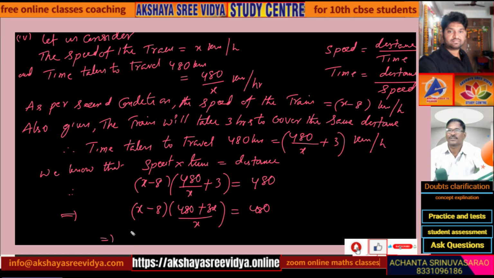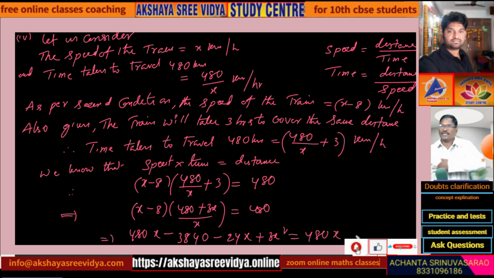480x minus 3840 minus 24x plus 3x square is equal to 480x. 480x minus 480x, that is cancelled.